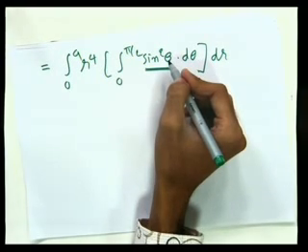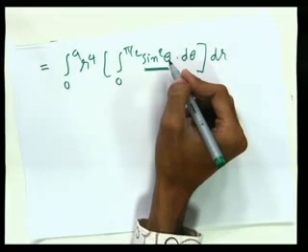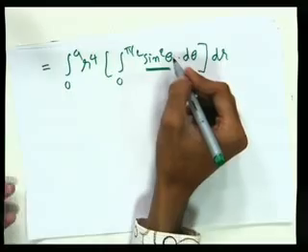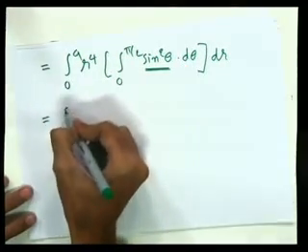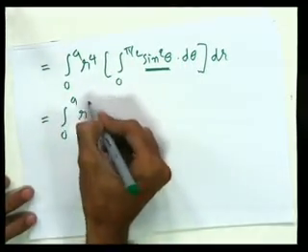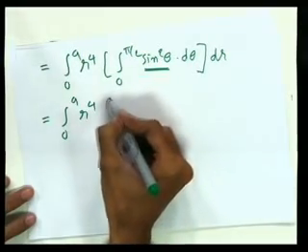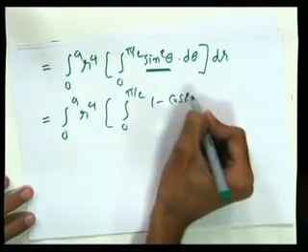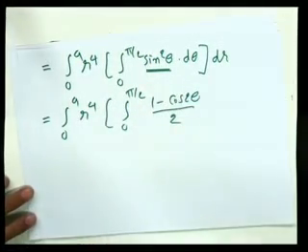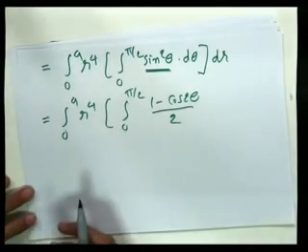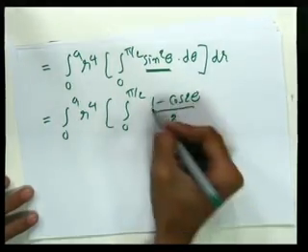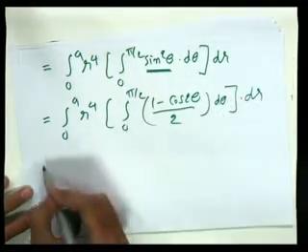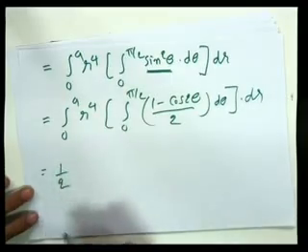Okay, and then if we integrate with respect to theta, we will get, from here, 1 by 2 is constant, so I put it here.